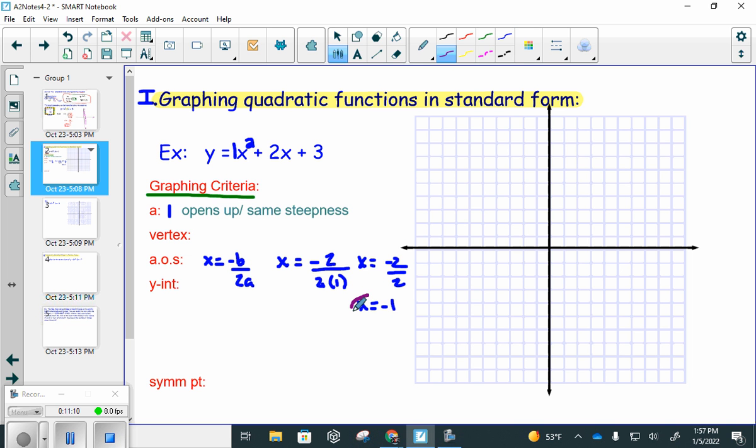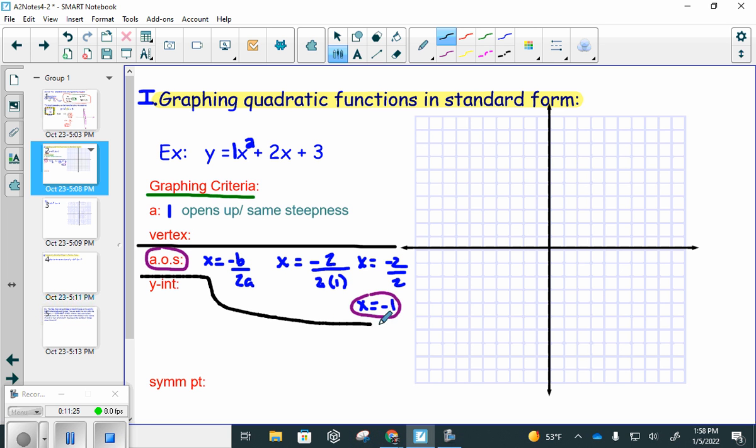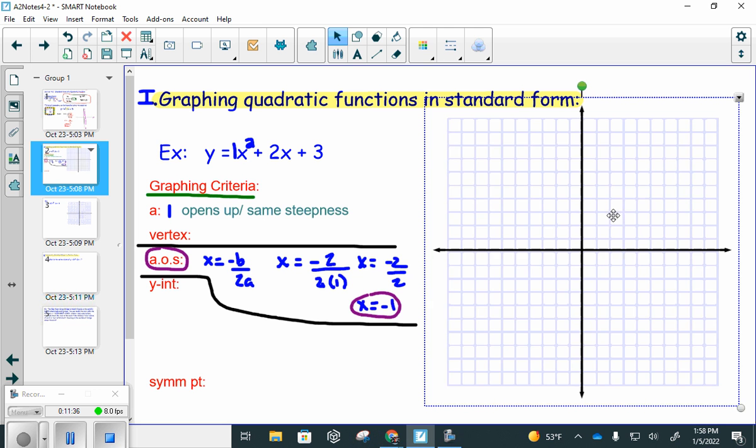So that is my axis of symmetry. That is this piece. Alright, so all that work I did to the side, I didn't leave myself a whole lot of room here, but all of that work goes with this. Now what that's telling me very quickly is I'm going to go over here to my graph paper before I continue.